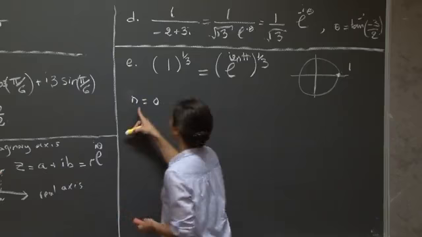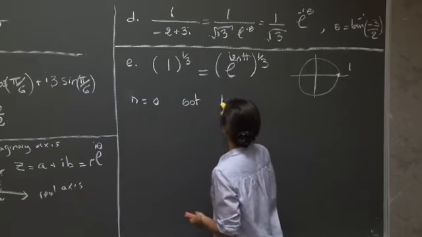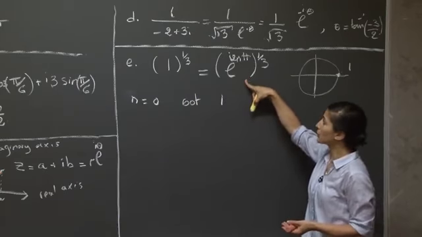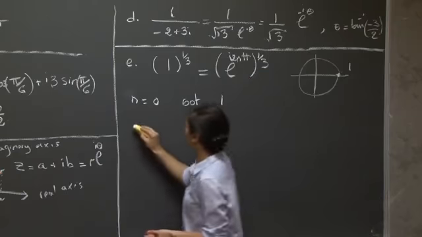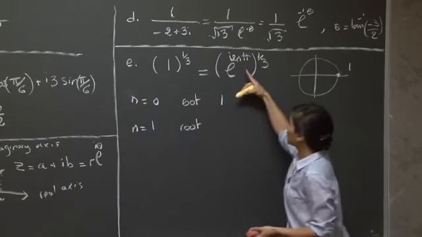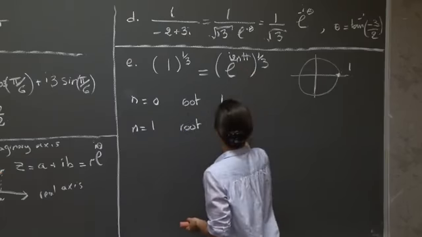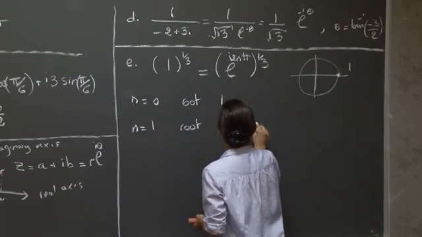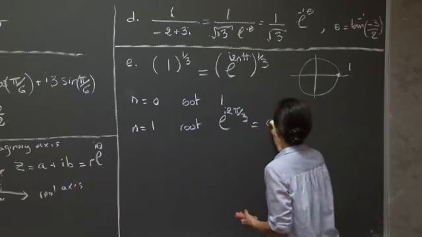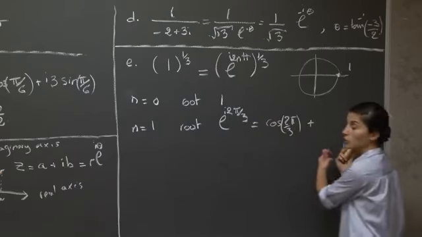First one is n equals 0. It's just going to give us back the root 1, because exponential of 0 is just 1, power 1/3 is just 1. n equals 1. We're going to have exponential of 2 pi i over 3, which we can express again using the Euler formula, also in coordinate form.